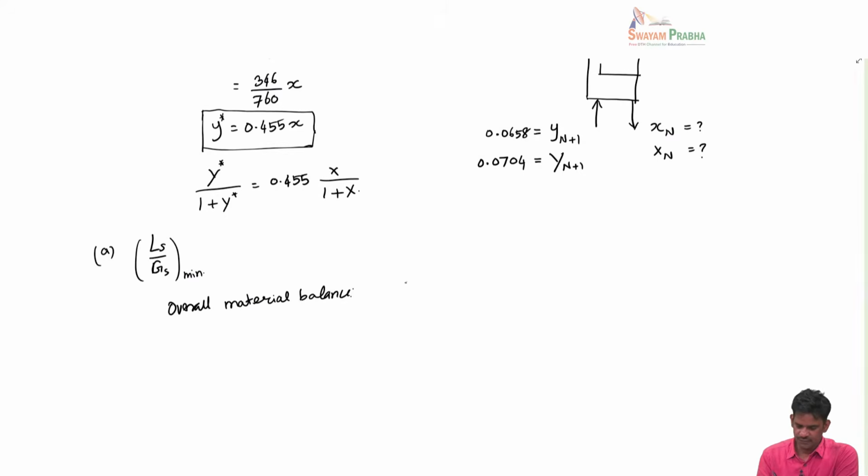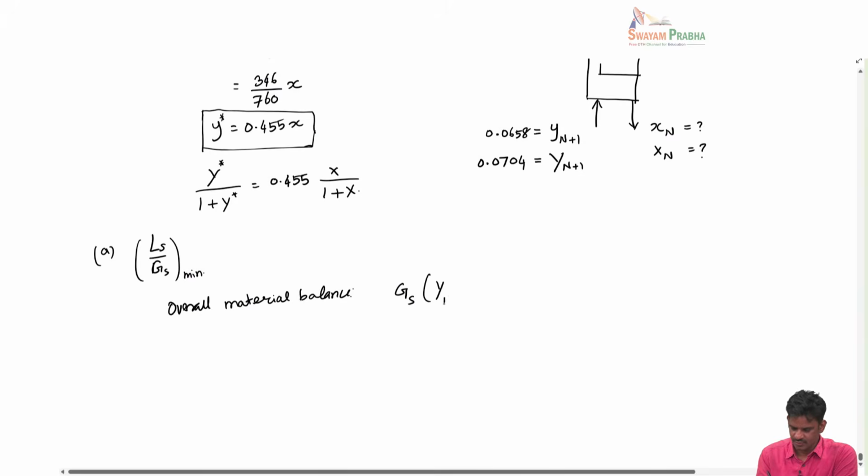When I say overall material balance, what I mean is I am considering all the inlet outlet streams of the entire tower, not really looking at what's happening within the tower. Okay, so you will see that Gs times (yn plus 1 minus y1) should be equal to Ls times (xn minus x0).